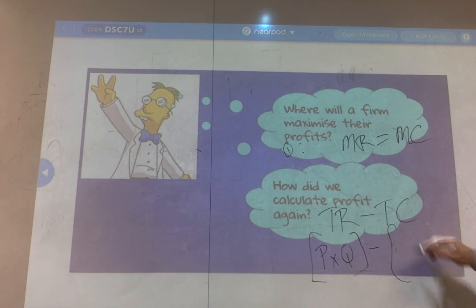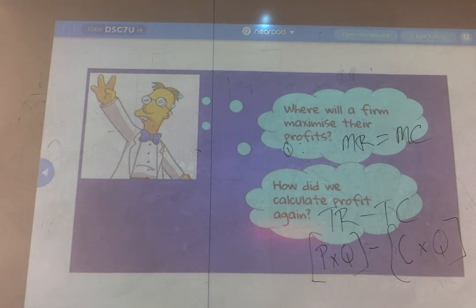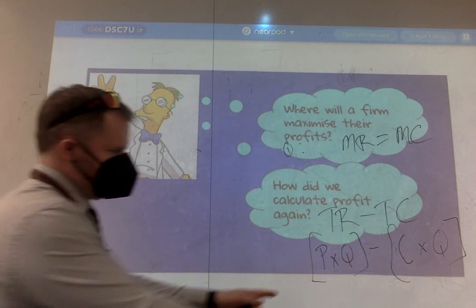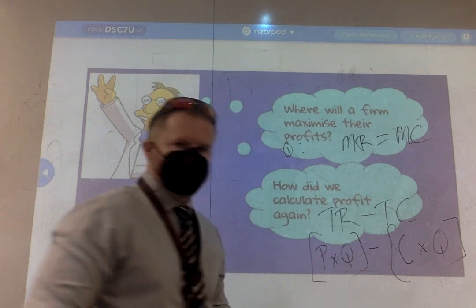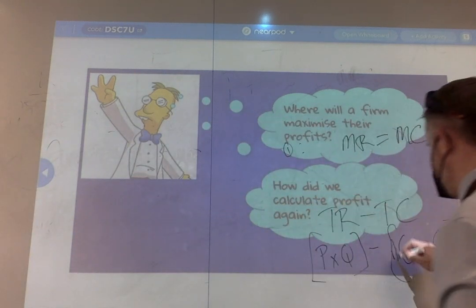TC here is going to be the costs times the quantity. Now again, you can play with these and figure out what's actually going to happen. If you are mathematically so inclined, you've got two quantities in here. And this then is your price and your average costs.